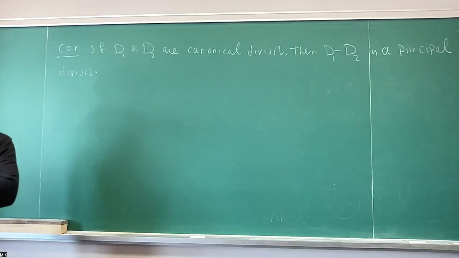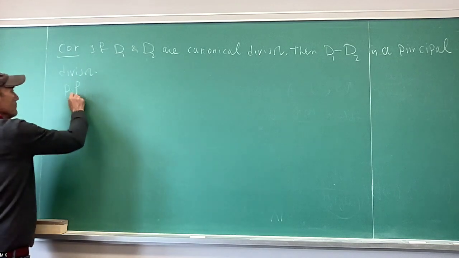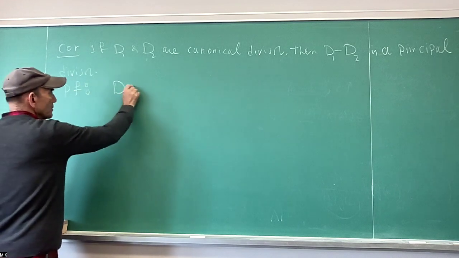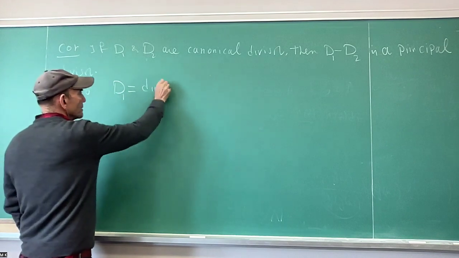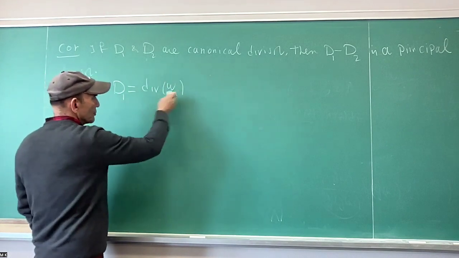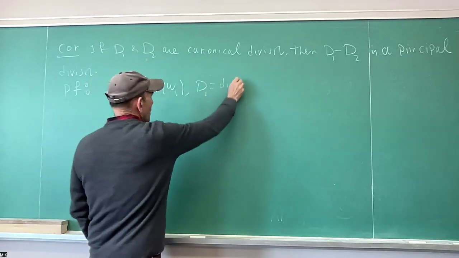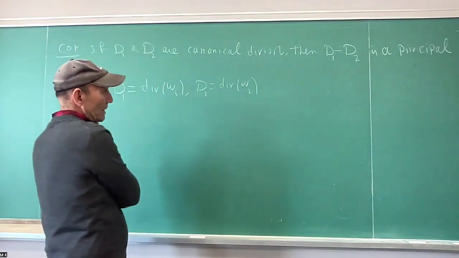Okay, so let's see how this works. Again, the proof is not difficult, it's just a corollary. Because D1 is a canonical divisor, you can write D1 as the divisor of one meromorphic form, the divisor of omega 1, and D2 is equal to the divisor of omega 2, right?